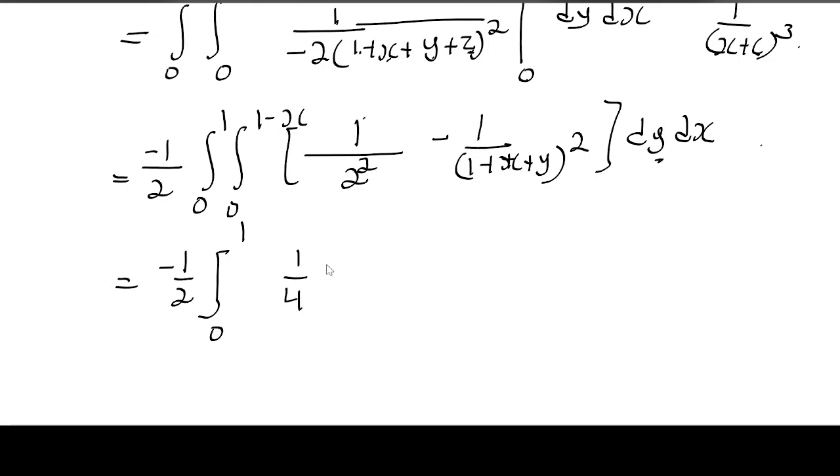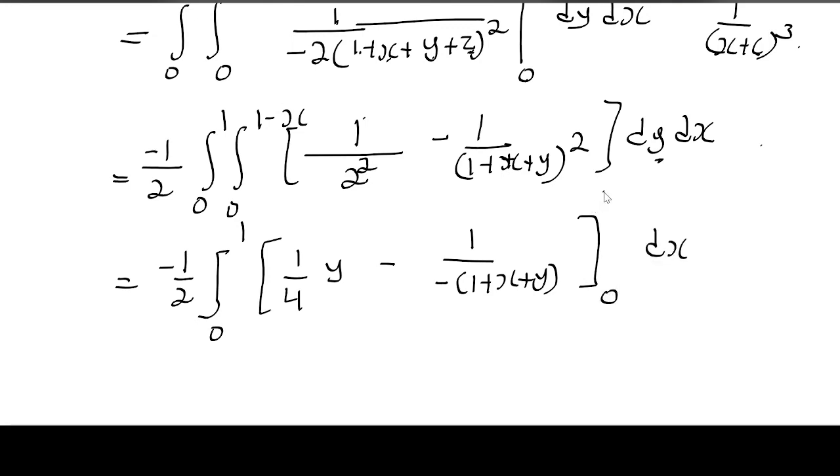Integration with respect to y gives y minus 1 by, again a similar form, x plus c whole square form. Now this will become minus 1 plus x plus y, dx.